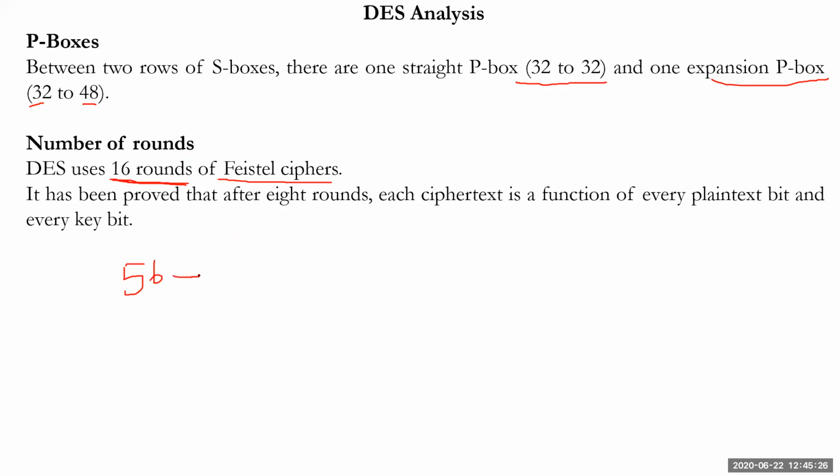Therefore, 2 power 56 different keys can be generated here. Based on these 2 power 56 keys, through brute force attacks, obviously you could get the actual data.